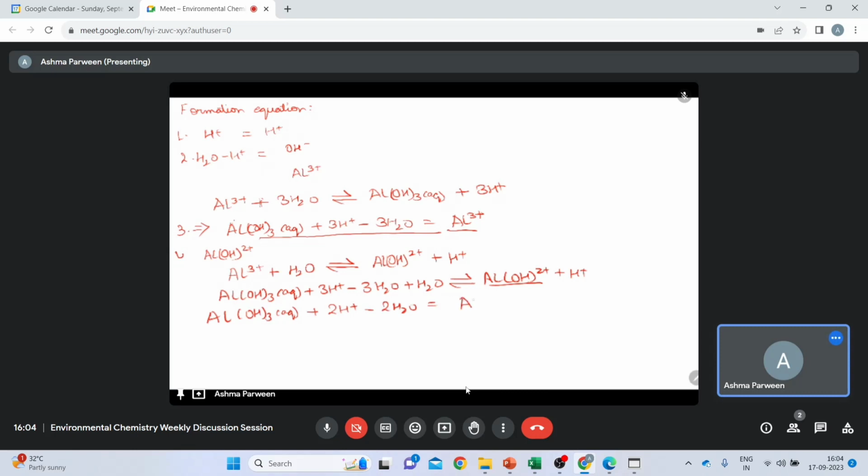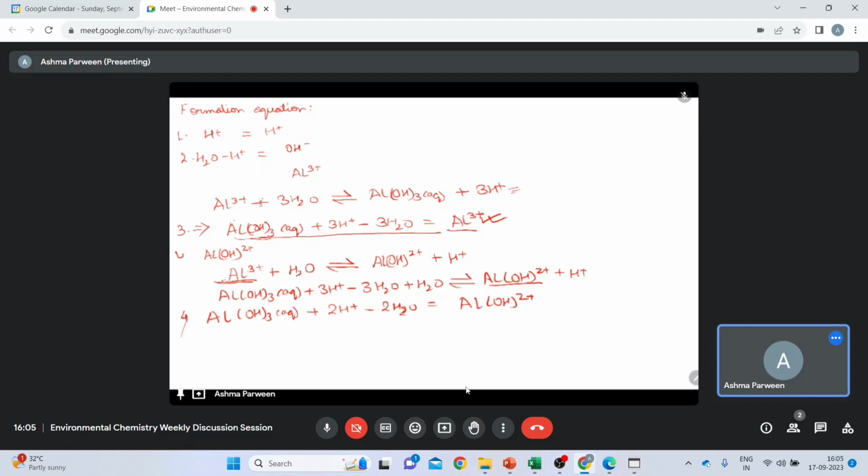So we can either replace Al3+ from here, or we can simply use this equation. It is better to replace Al3+ using this in all the equations, all the species. So this is the fourth.